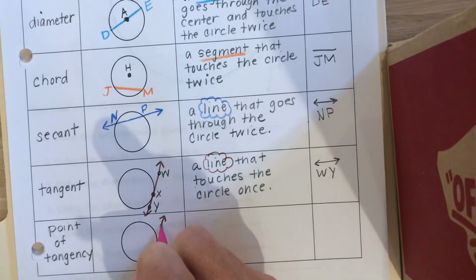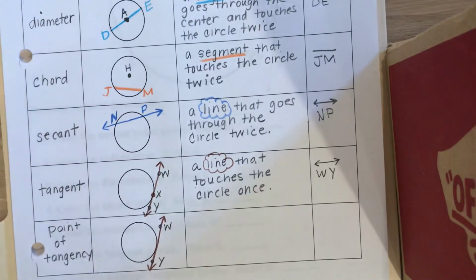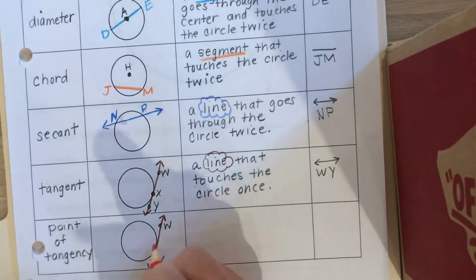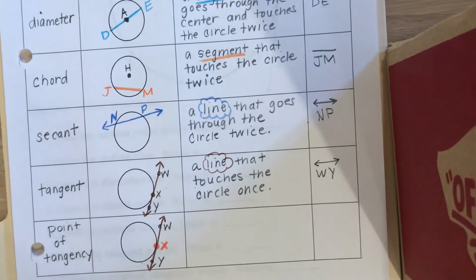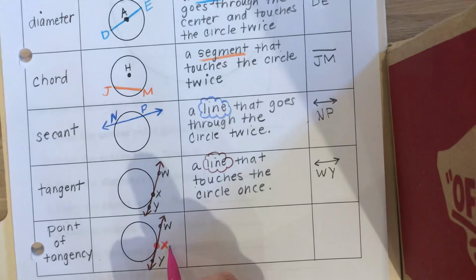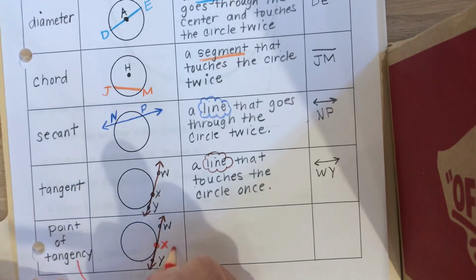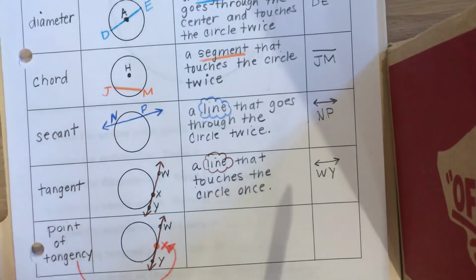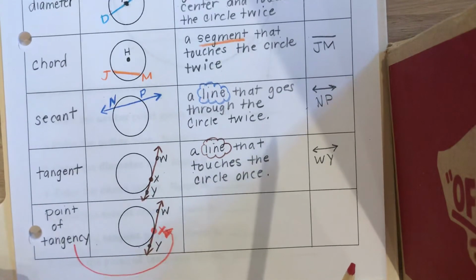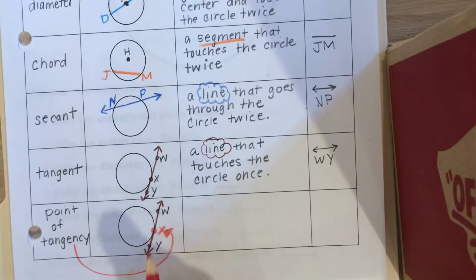All right, I have my W, I have my Y, but what I'm going to do is I'm going to make X in red to have it stand out. X is my point of tangency. So what I'm going to do is draw an arrow over here to show you that the point of tangency is where that tangent line touches the circle. This brown line touches the circle at point X.